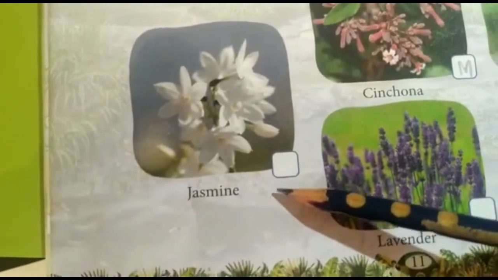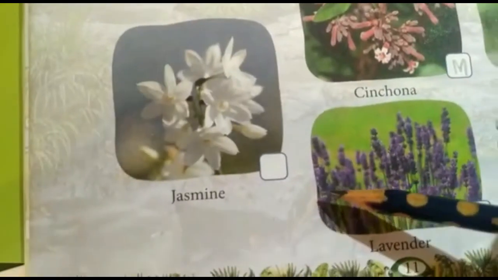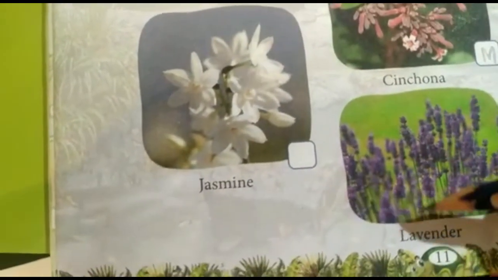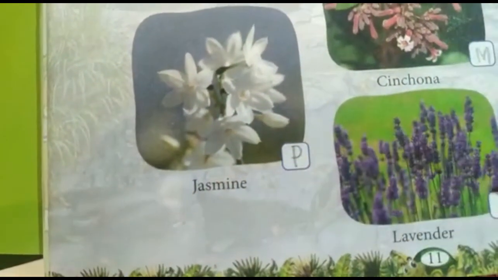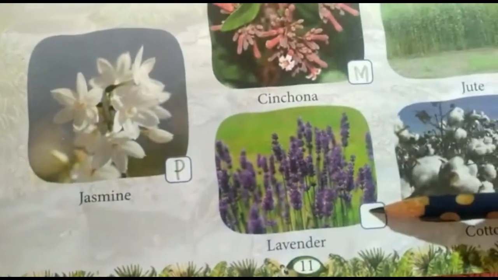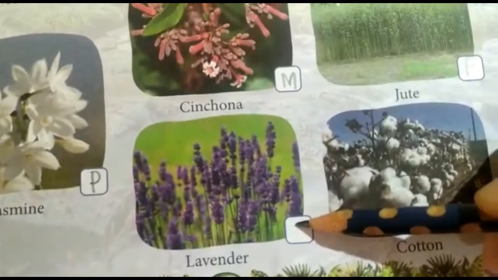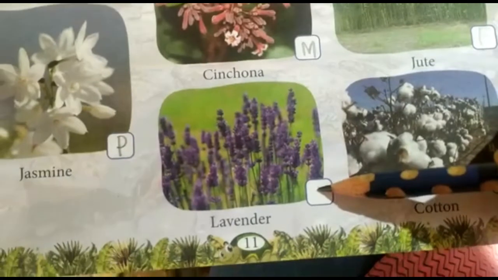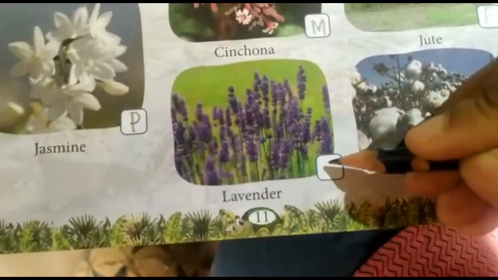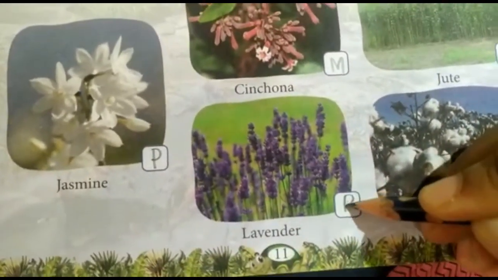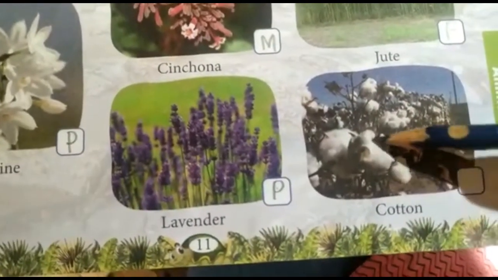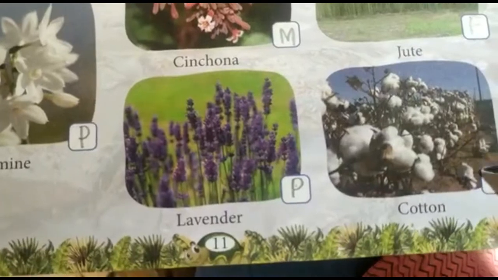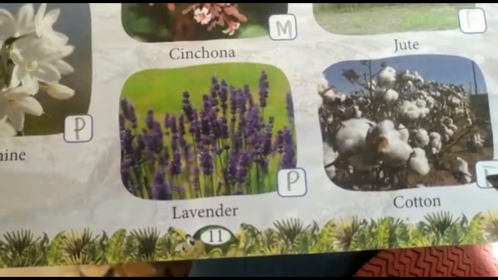From this flower we get perfume, and then we write here P. Next is lavender. From this also we get perfume, lavender perfume. We write P. Next is what? Cotton, cotton plants. Can you see all these cottons? So we get fiber from this plant.